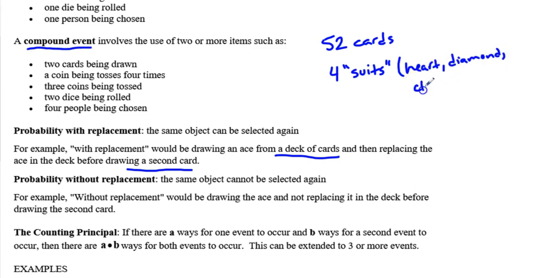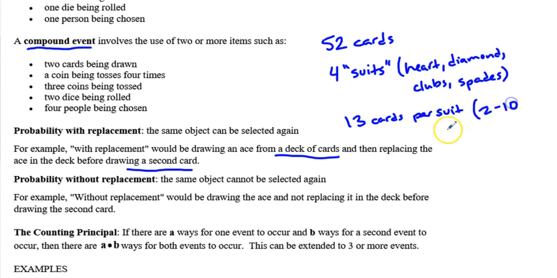There's the clubs and the spades. And each suit has 13 cards. It doesn't have any ones, but it has 2 through 10, the numbers.